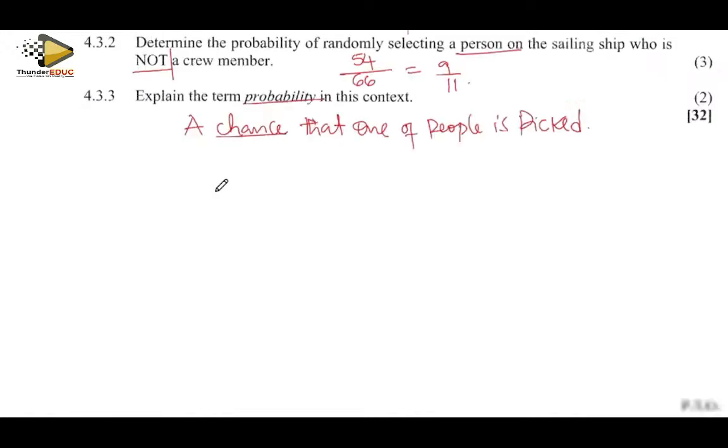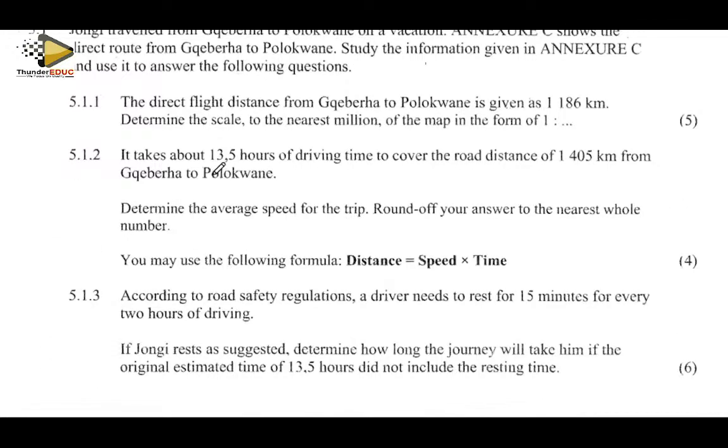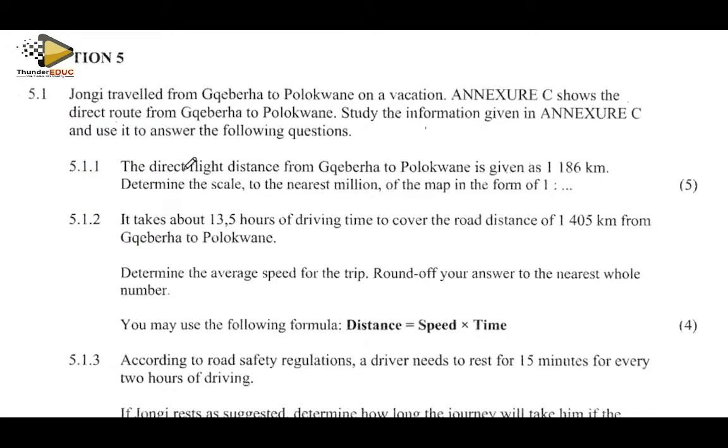All right. We look at question number 5. John traveled from this place here to Polokwane on a vacation. And the annexure C shows the direct route from Mabeke to Polokwane.